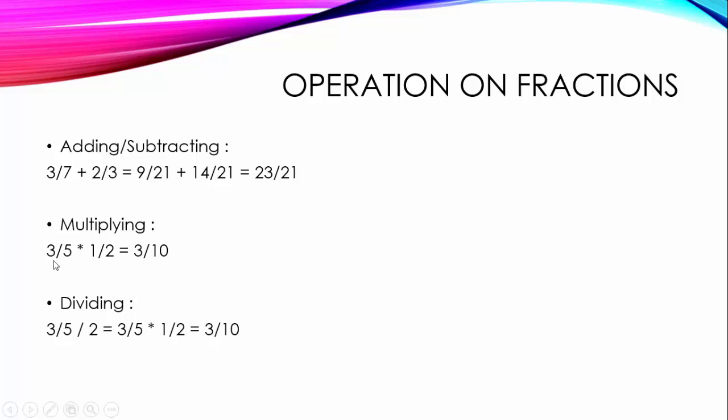Similarly, in multiplying, 3/5 times 1/2 is equal to, multiply the numerators and the denominators, 3/10. For dividing, 3/5 divided by 2 is equal to 3/5 times 1/2 is equal to 3/10.